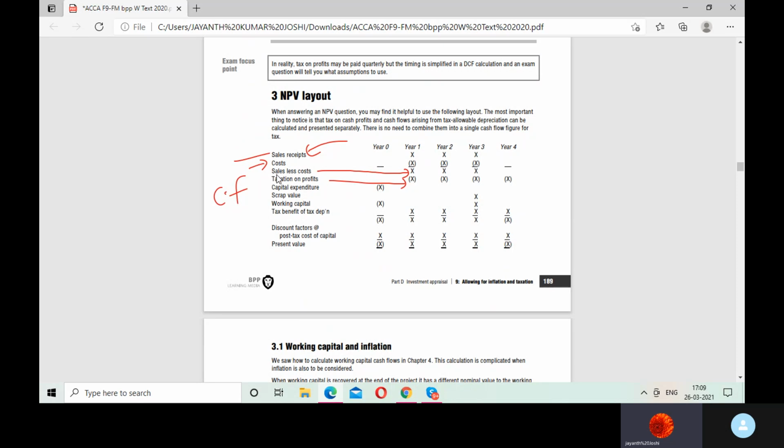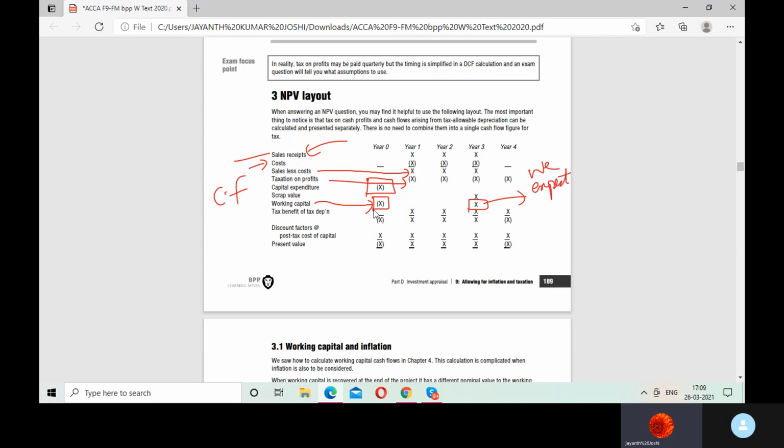Then you have a capital expenditure, whereby you will definitely be investing something to buy some machinery and all. Then working capital. Working capital is expected to be invested in year one, that is during the starting of the project. And then you also expect this working capital to be recovered at the end.